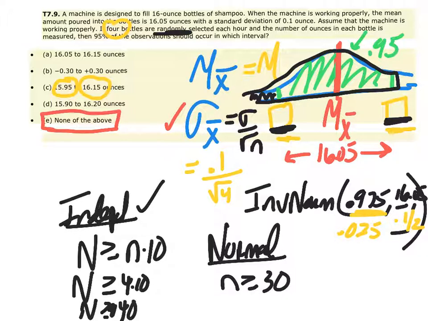Well, in this case, our sample size that we're using is 4. 4 is not greater than or equal to 30, so the check for being approximately normal is not met. Because it's not met, we are not allowed to assume the shape is approximately normal, which therefore means we cannot do inverse norm, which makes none of these answers valid, even if you use the appropriate methods, and none of the above is the correct answer because not all the conditions are met.